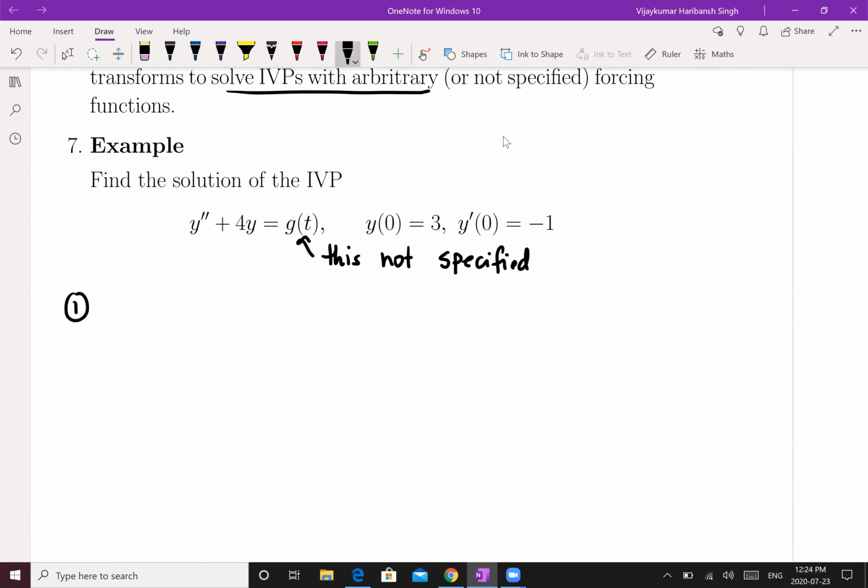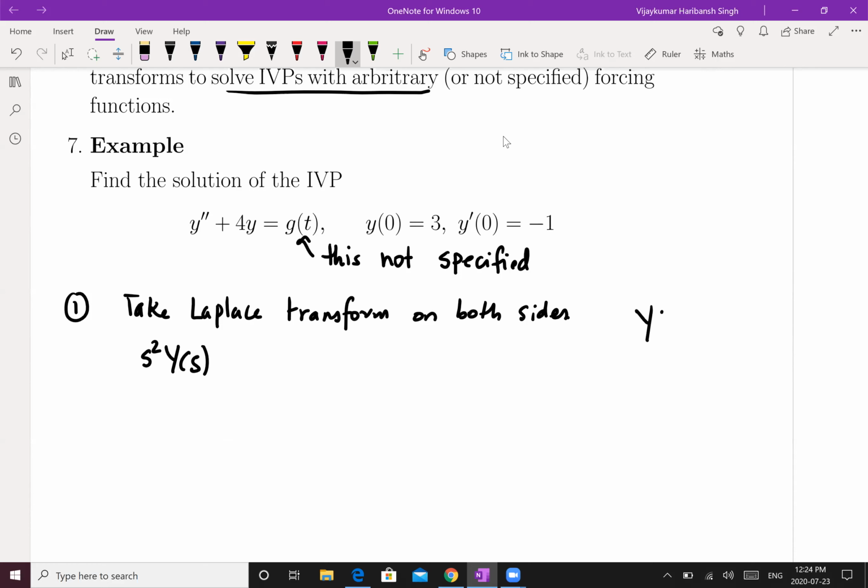So first step, take the Laplace transform on both sides. What is the Laplace transform of y double prime? It is s square y of s. I'm using the usual notation, so I'm not rewriting, but y of s is the Laplace transform of y of t, and g of s is the Laplace transform of g of t.